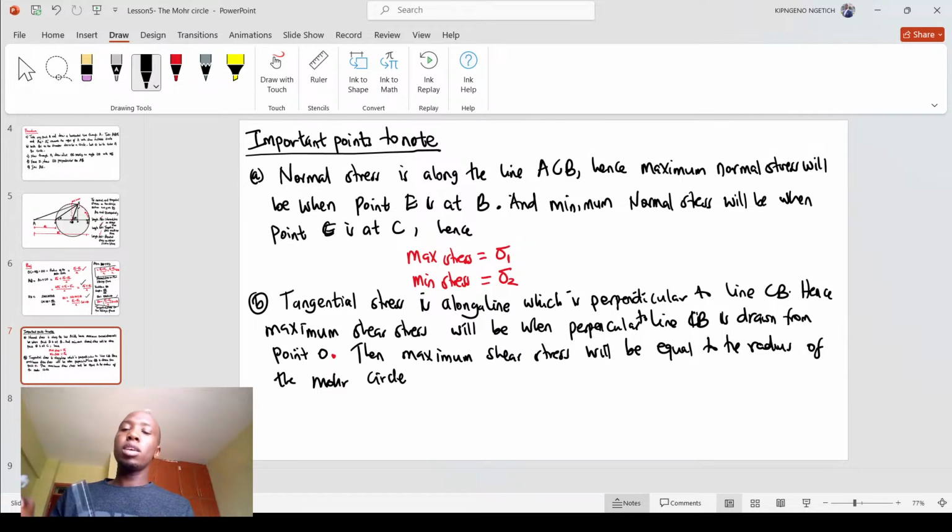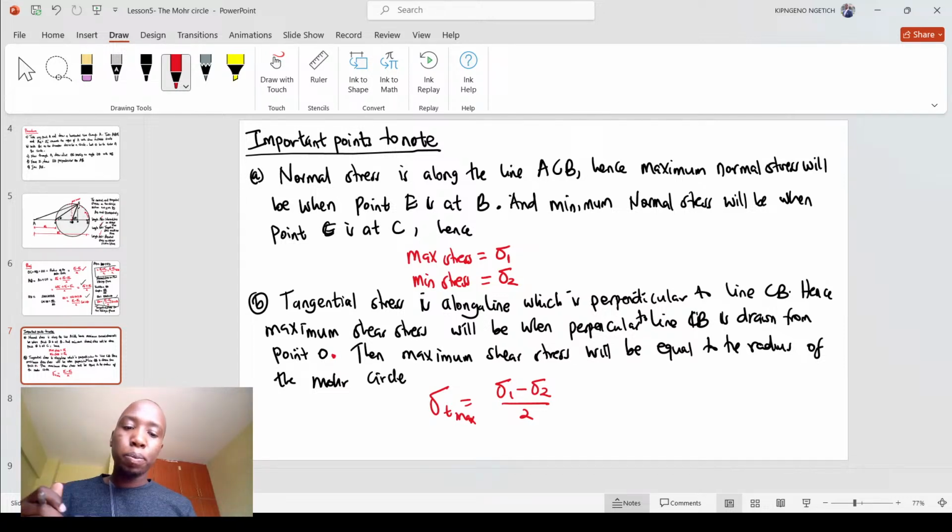And what was the radius of the Mohr circle? Tangential maximum will be stress 1 minus stress 2 divided by 2. All right.